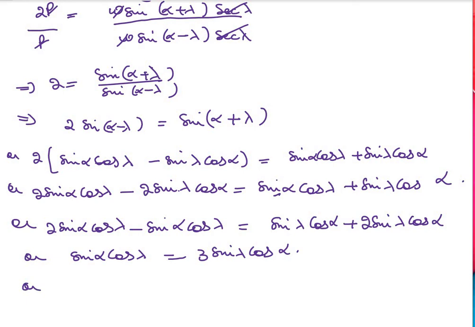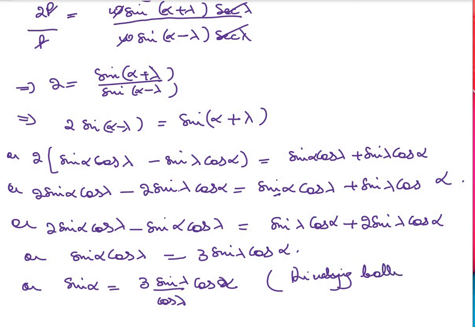Now, divide throughout by cos lambda. So sin alpha is equal to 3 sin lambda by cos lambda into cos alpha, dividing both sides by cos lambda.